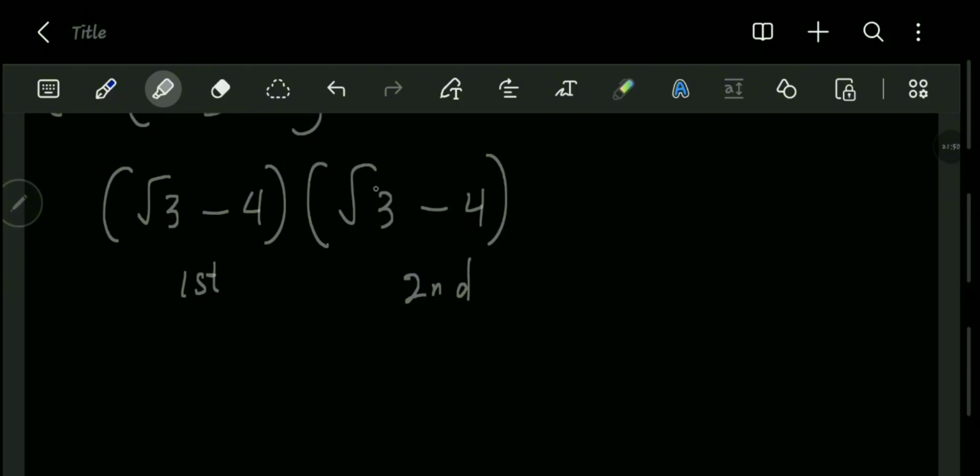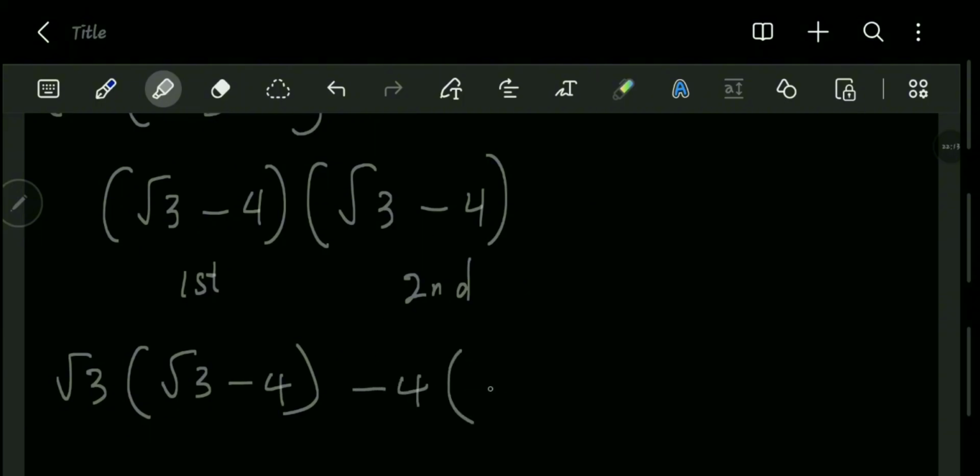So I'm going to pick the first number here, which is 3, then into the whole of this. So if I'm picking the term from here, I'm going to pick the whole of this, right? So I'm having 3 into 3 minus 4. Then I've picked this first term, so it's remaining this term now, which is a minus 4 into the whole of the first term.